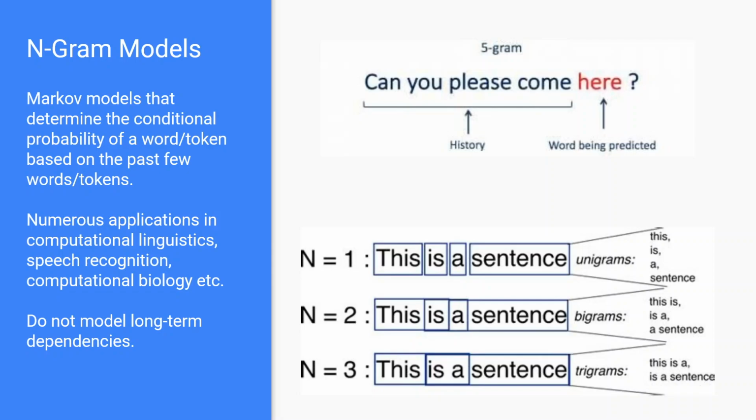Probabilities are assigned to this using the statistical model described in the previous slide, and such models are used in numerous instances like speech recognition, computational biology to map sequences of DNA, and even computational linguistics, text analytics, social media analysis, and so on.